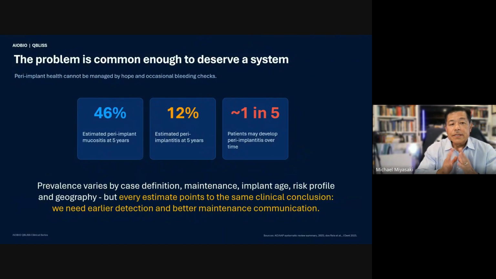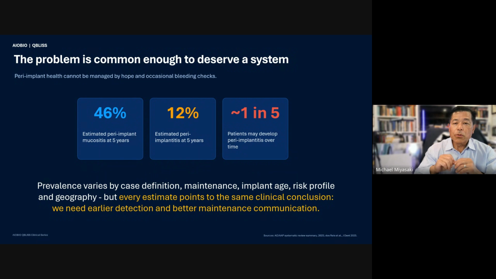So some of the estimates say that about 46% of implants will develop peri-mucositis within 5 years, and up to 1 in 5 patients may develop peri-implantitis. So again, these percentages are very high, and we don't like that. These estimates can vary, and I think it depends on what the case definitions are during the study.